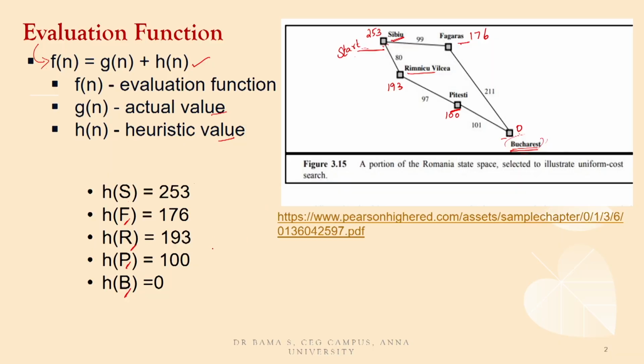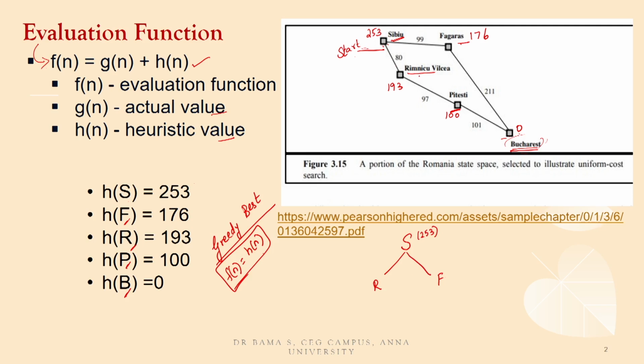Now, for this graph, suppose we use greedy best first. I said in the last module that in greedy best first we evaluate f of n equals h of n, only based on h of n. So, let us say we are starting at S. From S there are two branches, one is R, another one is F, and at S we have the heuristic value of 253.